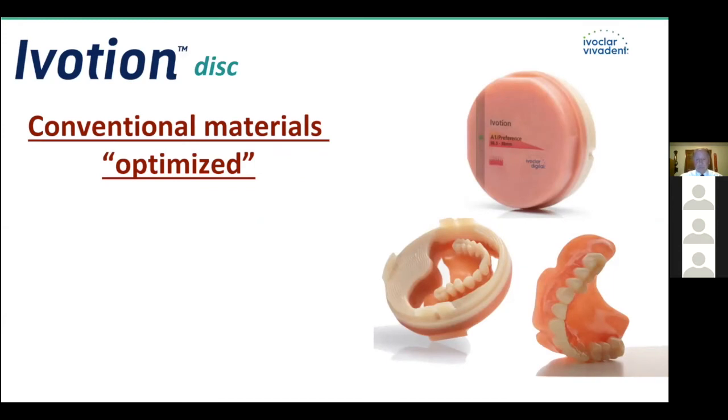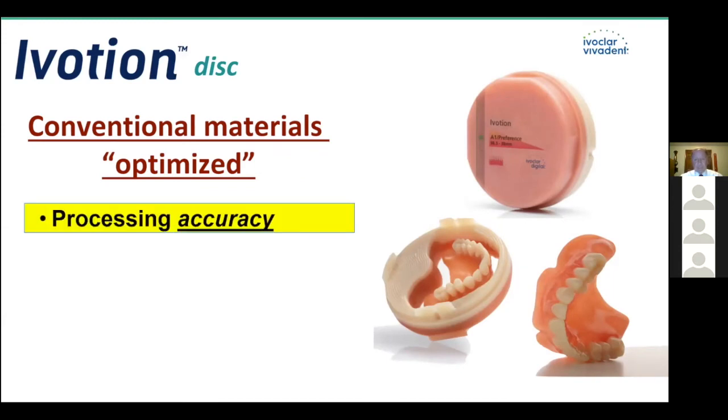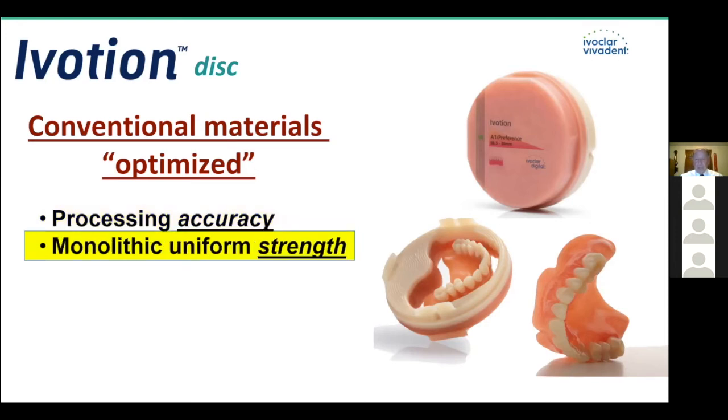So when it comes to accuracy, it's as accurate as this material could be processed. It's 100%. The strength, the monolithic nature of this particular, it's as strong as this material can be.